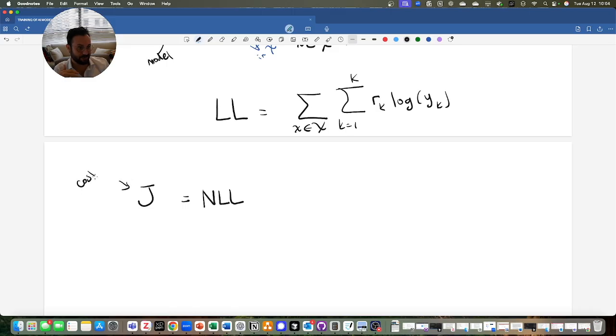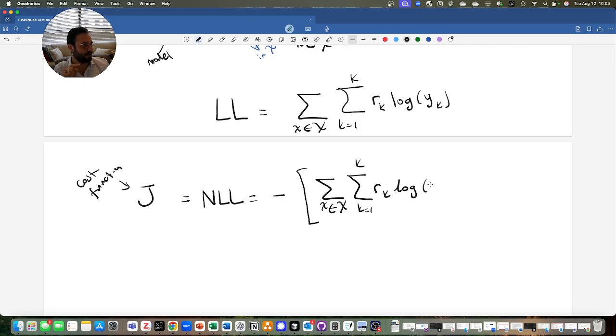Again, this is my cost function, which is the negative of this thing. I will try not to forget this negative sign as I go through the derivation: sum over k equals 1 to K of r of k log y of k.